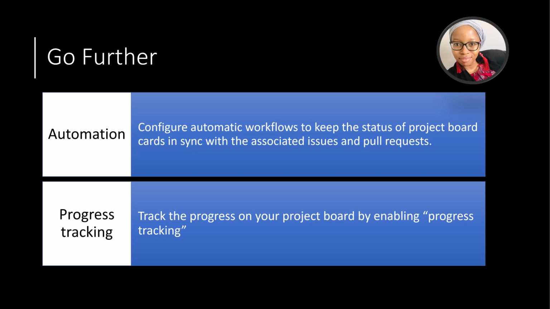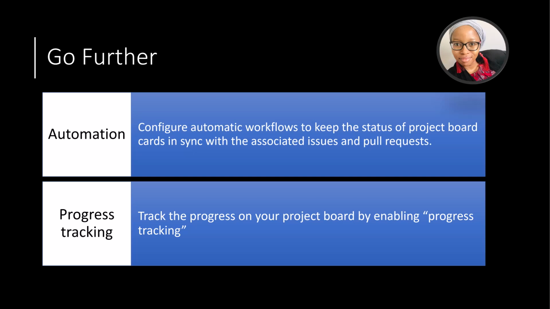If you configure the workflows, they will help keep the status of a project. When you're working on one, it will automatically put it into to do. So if someone creates a new issue or creates a pull request, that will assign it as to do. And if it's done and they close it, it will move to done. And if they are working on it, meaning submitting commit messages that are linked to the issue, it will move it to in progress automatically.